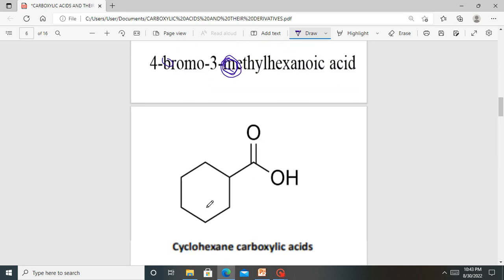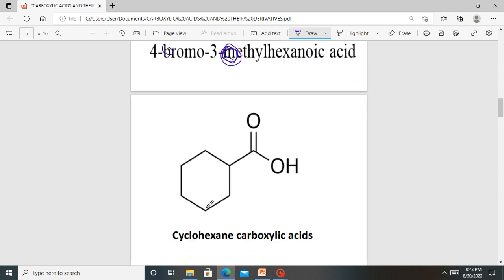Let's look at some other examples. Here is the case of a cyclic carboxylic acid. So here, how to name it? Just name the corresponding alkane as a cyclohexane carboxylic acid. It is not cyclohexanoic acid, no. Cyclohexane carboxylic acid because it has 7 carbons.